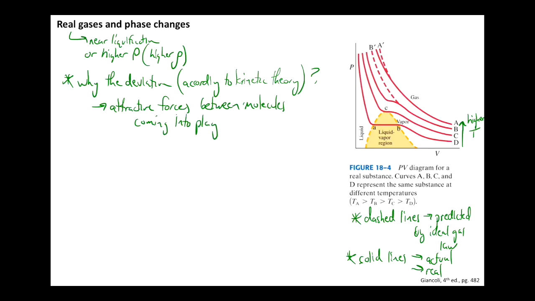And again, this is all happening because we're going to lower temperature and higher pressures. These attractive forces mean that the molecules are pulled together into a smaller than expected volume.